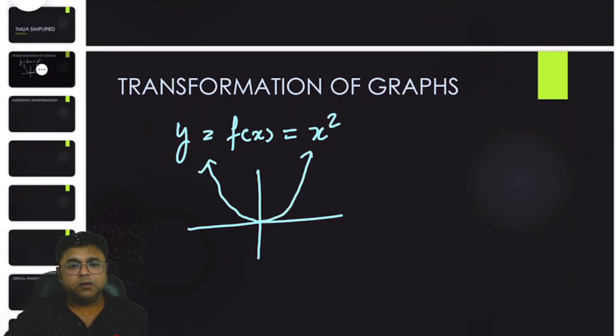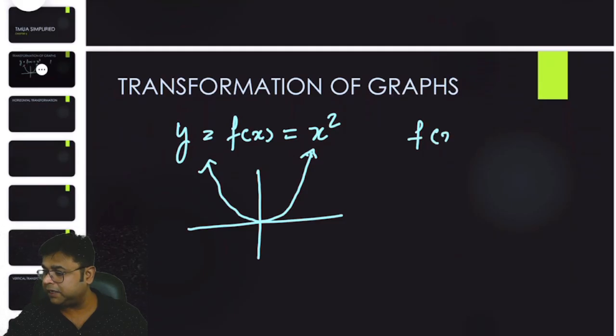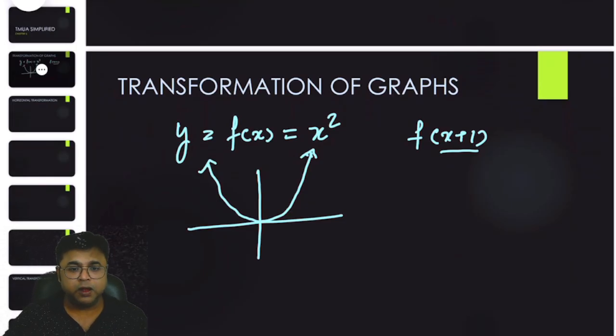Now if I have to find the graph of, suppose, f(x + 1), that is the case of horizontal transformation. Here the transformation is happening in x, and the x axis is horizontal, so the transformation will be horizontal. But where will it be?